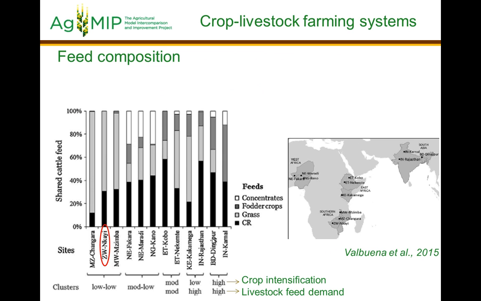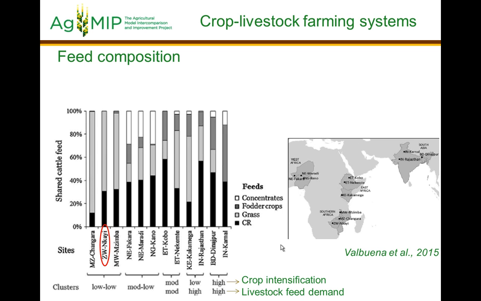And this, of course, often leads to overstocking, sometimes, or quite often or regularly, to degradation of the natural resources and the grazing lands, and further down the road to feed gaps as well. And we'll talk about these feed gaps in a minute.